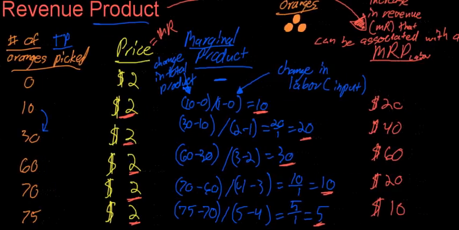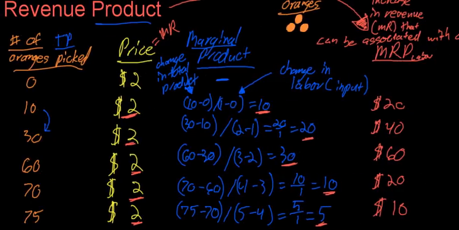In this case, we were talking about labor. The 1 unit increase is at the margin, a marginal increase in labor.